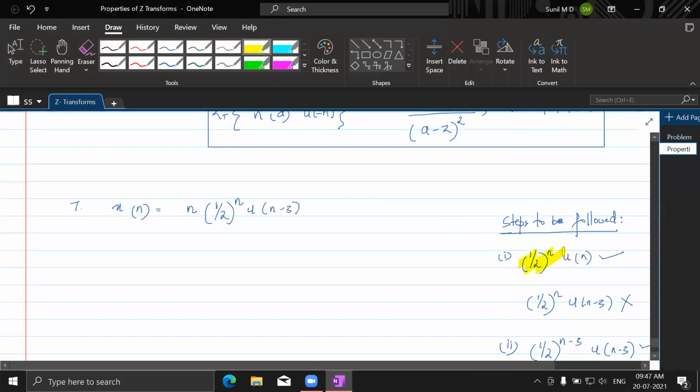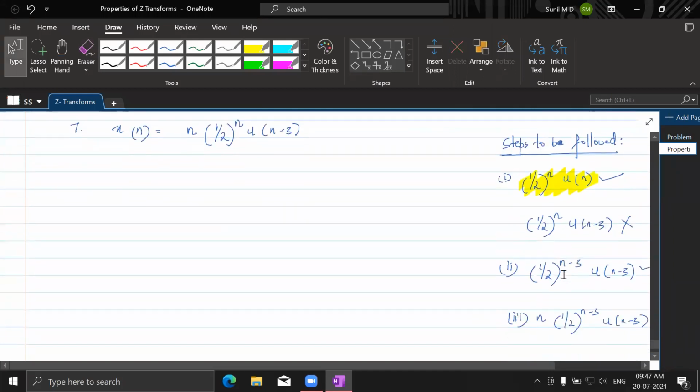So this is one signal. First you need to go with this. The second signal is the shifted version. When you're going with the shifted version, both n have to be shifted. This also has to be shifted, this also has to be shifted. Then after you have used the time shifting property, you have to use the differentiation in time domain property.